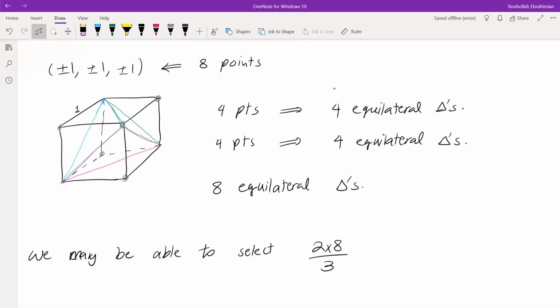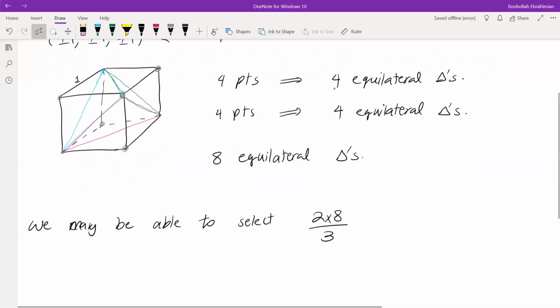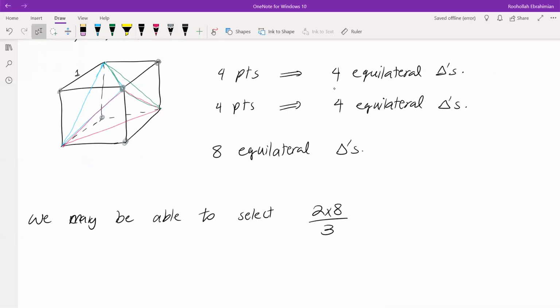So again, 2 is 2 points per triangle, 8 is the number of triangles, and divided by 3. Why? Because every point is going to be counted 3 times in each of the equilateral triangles. So we may be able to select at most this many points without creating an equilateral triangle.